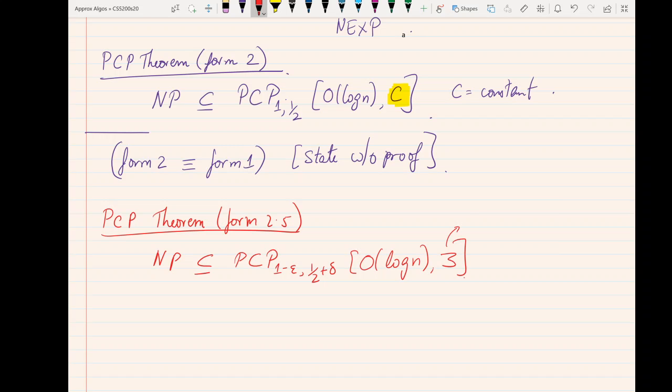So note, remember that this is the query size into the proof. So you're given a proof, you just want to check 3 bits of the proof and then conclude. Okay.